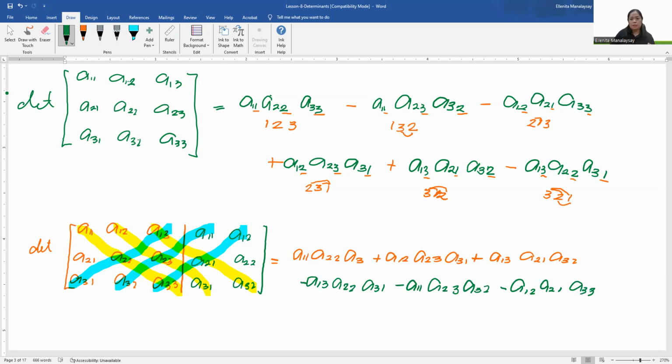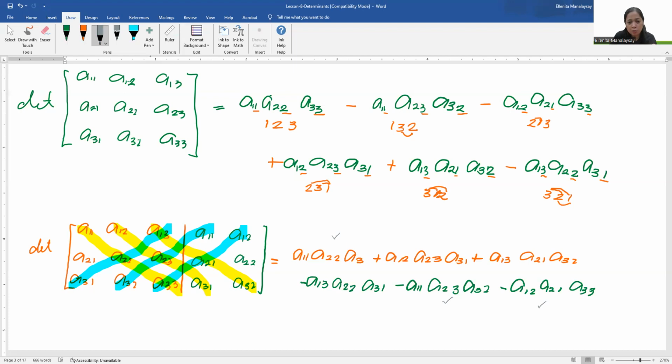Then when we compare this, this is Sarrus' rule, with the result when we follow the definition, let's do the comparison. So A11, A22, A33, that's positive. A11, A23, A32, the sign is negative. Next, A12, A21, A33, negative.